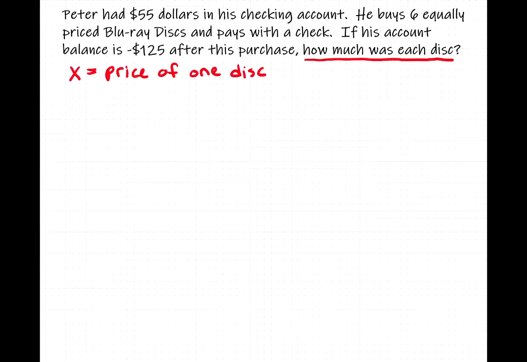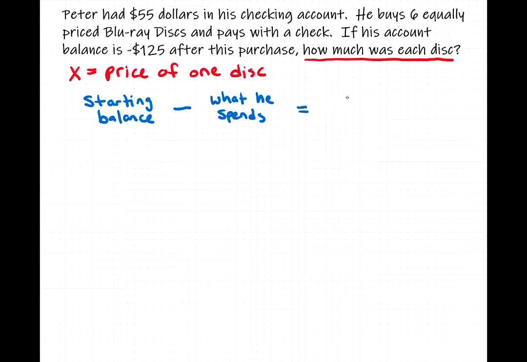Okay, so now let's think about this logically before we look at an equation. He has some money, then he buys something, and then he has an ending balance. So let's say Peter's starting balance, and then he's buying something, so you're taking money away, so minus what he spends.